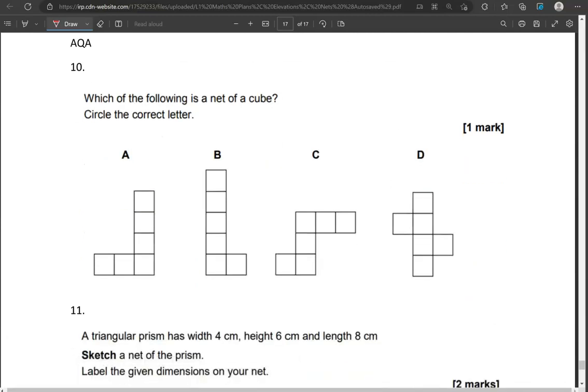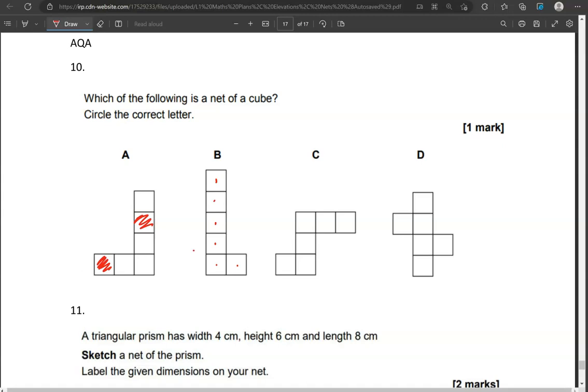Which of the following is a net of a cube? Circle the correct letter. A is not correct. This face here would overlap with this one. B, again, it's not correct. It's 1, 2, 3, 4, 5, 6 squares, but one of them needs to be on the side.